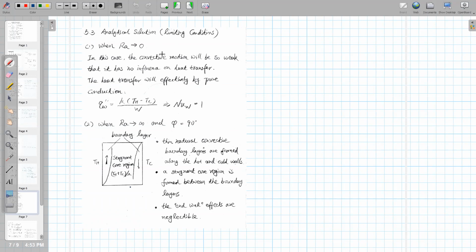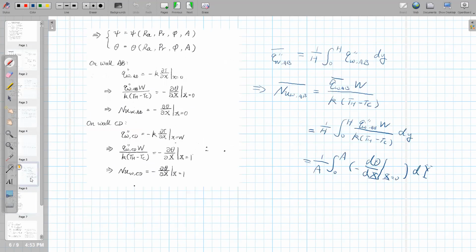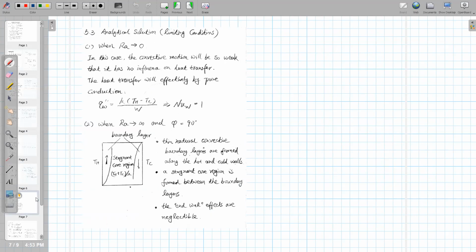And if there's no convection, that means you just go back to this problem here, heated from the top. There's no flow, and no flow means the problem becomes conduction. No convection at all.